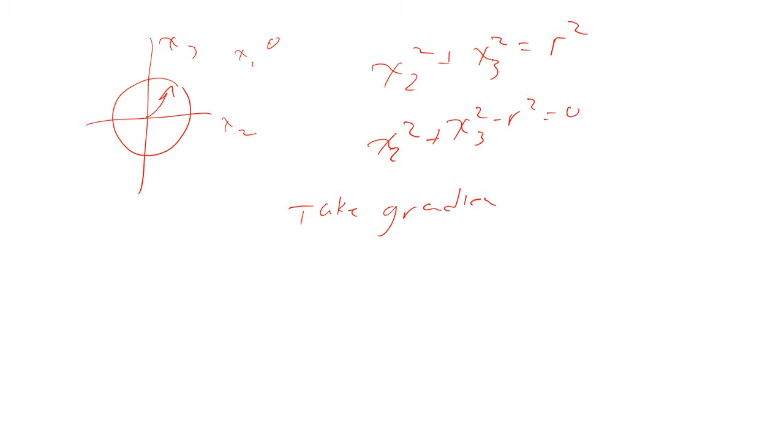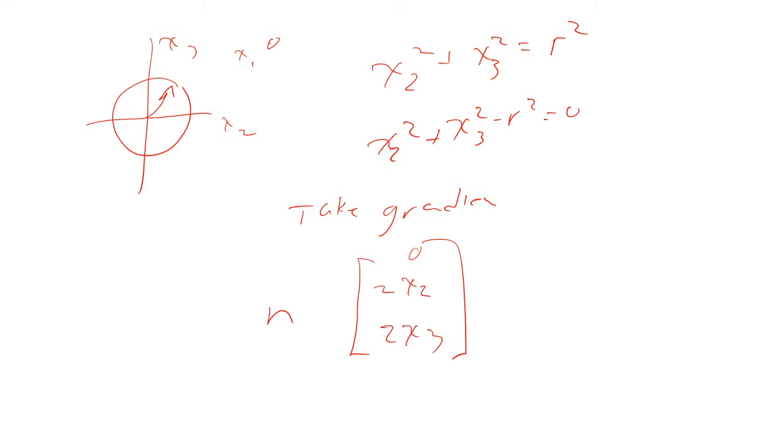From there, we're going to take the gradient with respect to x2, and then with respect to x3. So we get 0, 2x2, 2x3. Right?